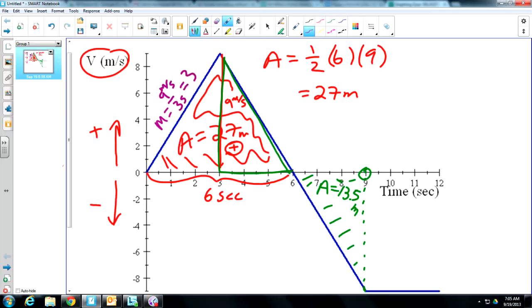So we get acceleration of 3 meters per second every second. Okay, and that's a positive value during this. And then we have a negative 3 meters per second during this whole time, because that's the slope there.